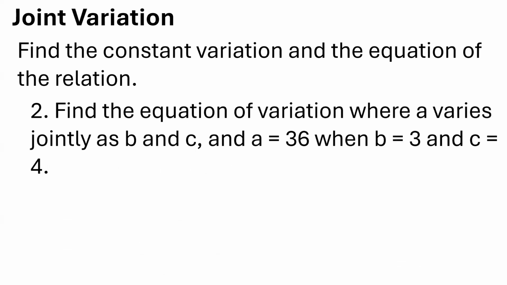Find the equation of variation where A varies jointly as B and C, and A is equal to 36 when B is equal to 3 and C is equal to 4. So here, notice natin, A varies jointly as B and C. So alam na kagad natin na yung A natin varies jointly.